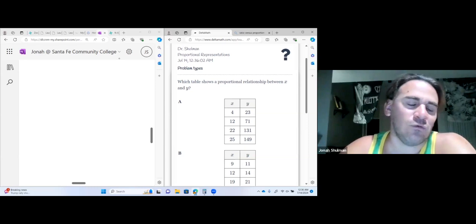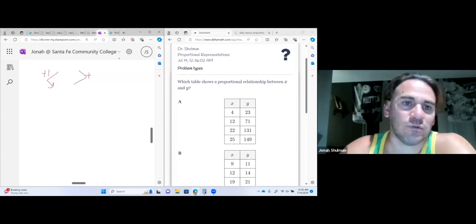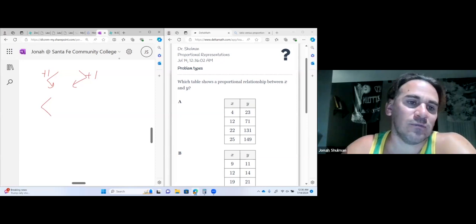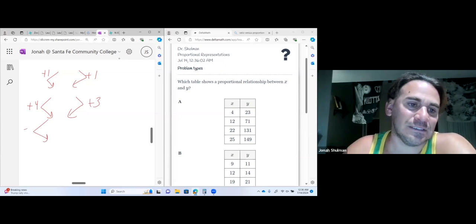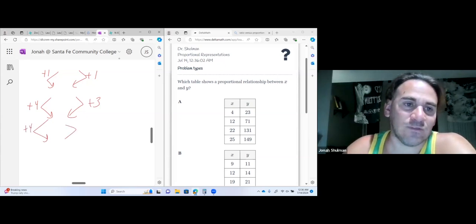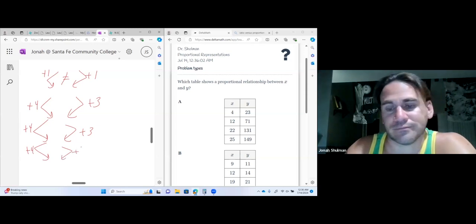It could be a +4 on one side and a +3 on the other, as long as it's consistent every time. They don't have to be the same number, they just have to be the same rate every time. This is something that's in proportion.